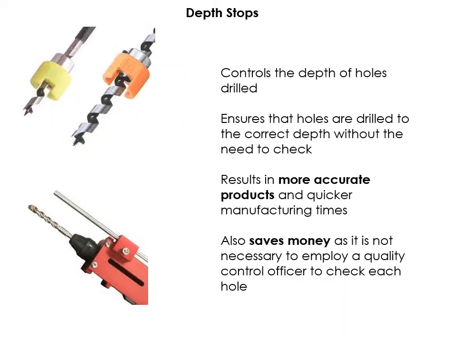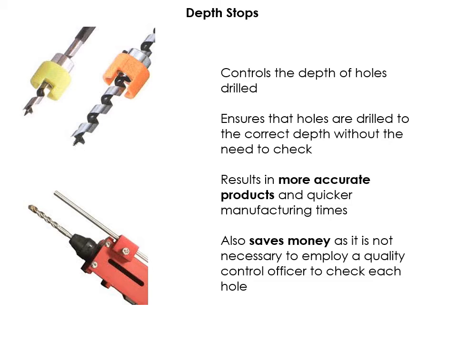The other thing that you can use is something called a depth stop. Well, not to check tolerances, but to make sure that something is drilled to the correct depth. You can put these little plastic stoppers on drill bits, and that physically stops you being able to drill any deeper. So it's called a depth stop.